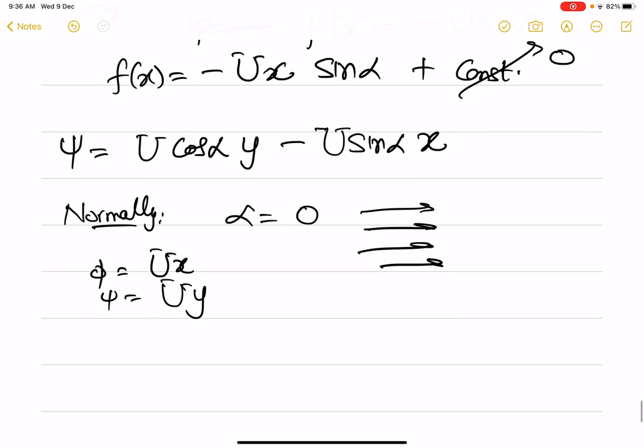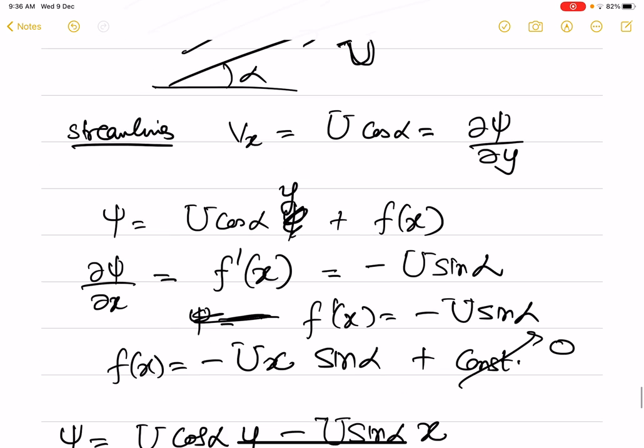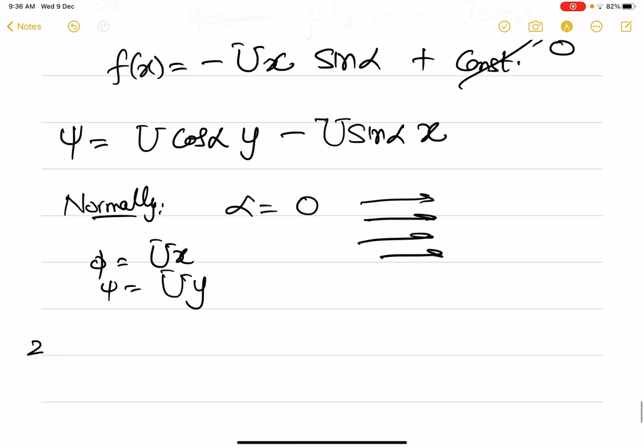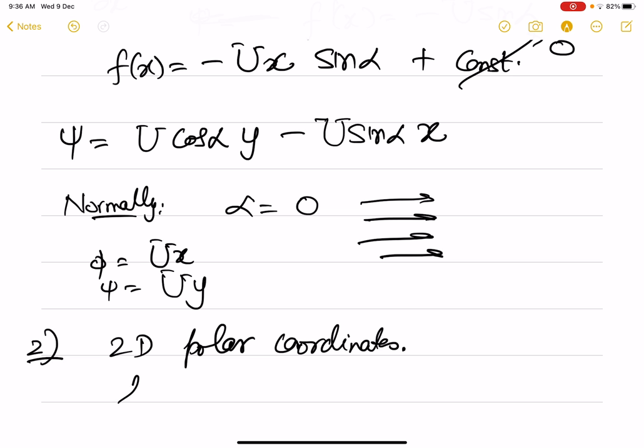Now, so this is one basic flow. For the second basic flow, let us now look at the 2D polar coordinates, and as we have just seen that both ln r and theta satisfy Laplace's equation.